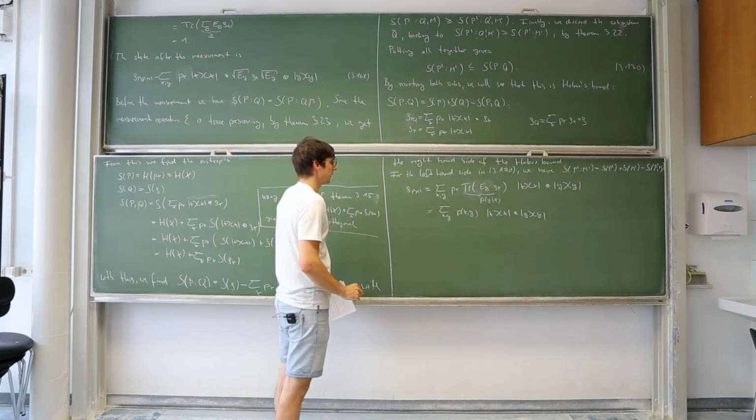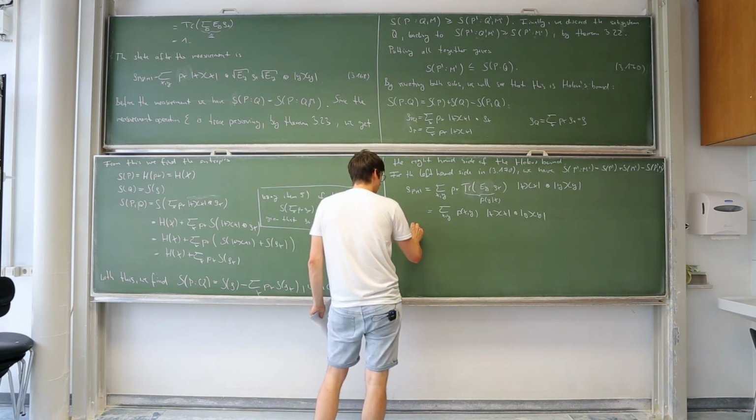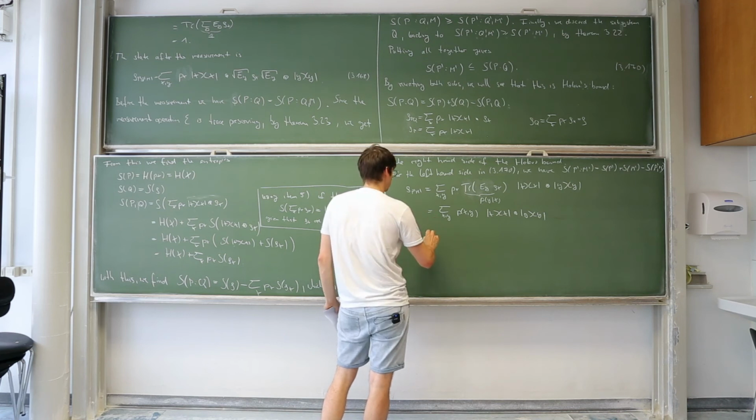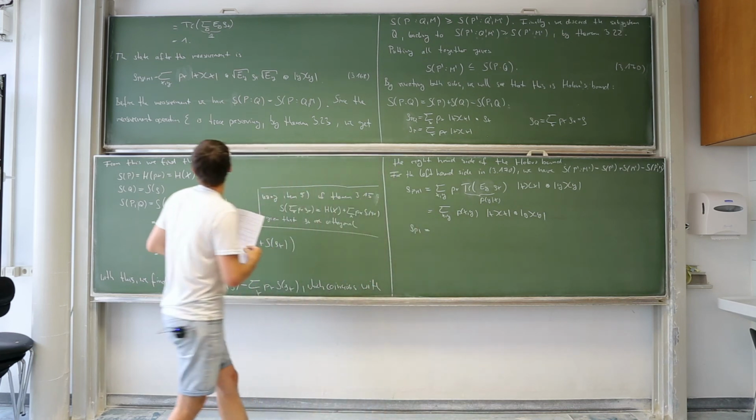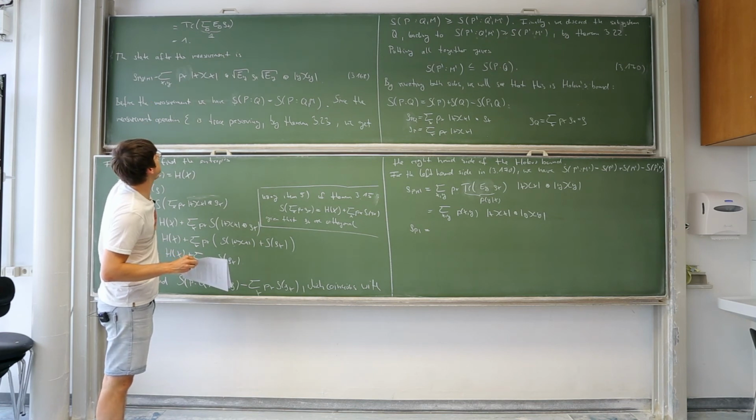Okay. Then let's now calculate rho of P prime. So we get rho of P prime if we trace out both Q prime and M prime.